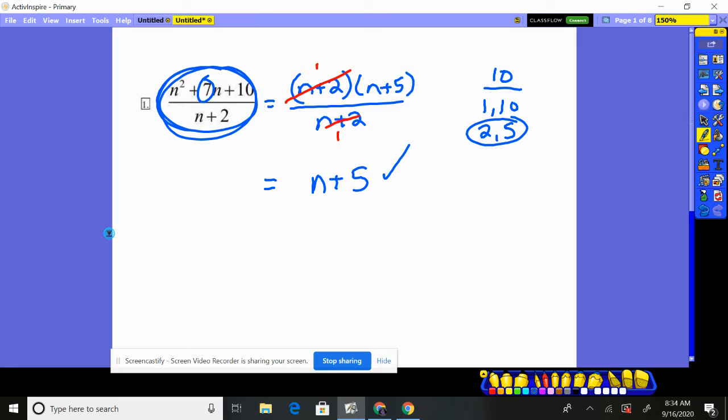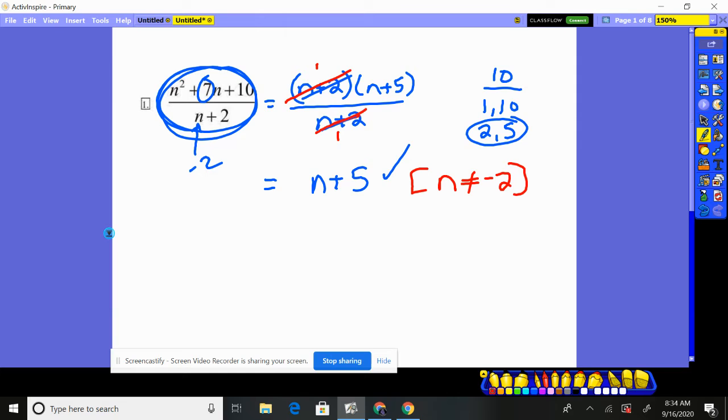However, we got to be very careful because notice when you cross these n plus 2's out, they sort of disappeared. But notice that in the normal problem, that n could not be a negative 2 because you would have negative 2 plus 2, which is 0, and you cannot divide by 0. So even though this simplifies to n plus 5, we have to make a note to the side saying, hey, you can plug n in as long as n is never a negative 2.